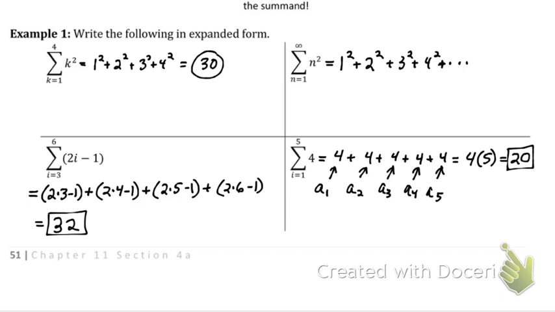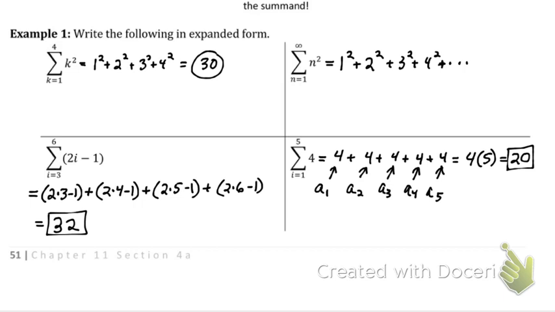Yeah? If it's like i equals 2, would you do 4 times 2 plus 4 times 2? Like if i equals 2. We'd be starting on our second term, basically. If I put i equals 2, we're starting at plugging in 2, so I would lose one of the 4s.